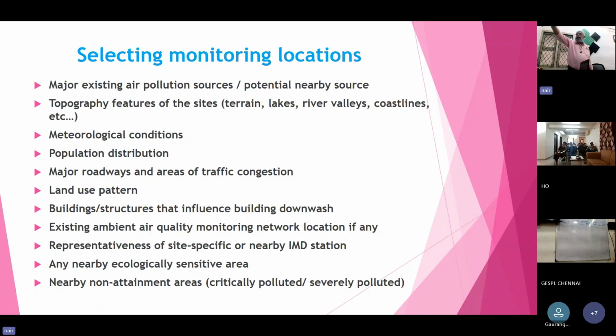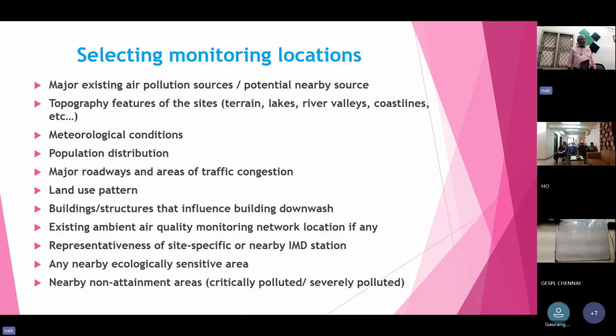Then major roadways and areas of traffic congestion. I am telling you, this is to be considered in your mind not for selecting a monitoring station, but for not selecting a monitoring station. Because I know near the traffic point, I will get high sulfur dioxide, high NOx, or high SPM.